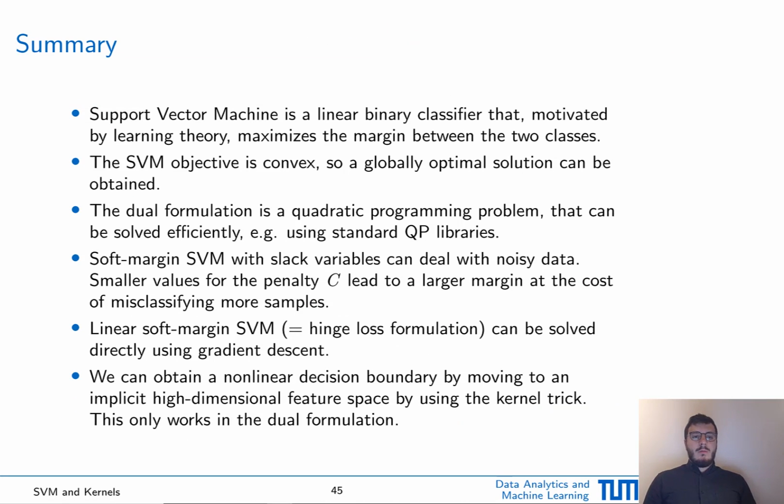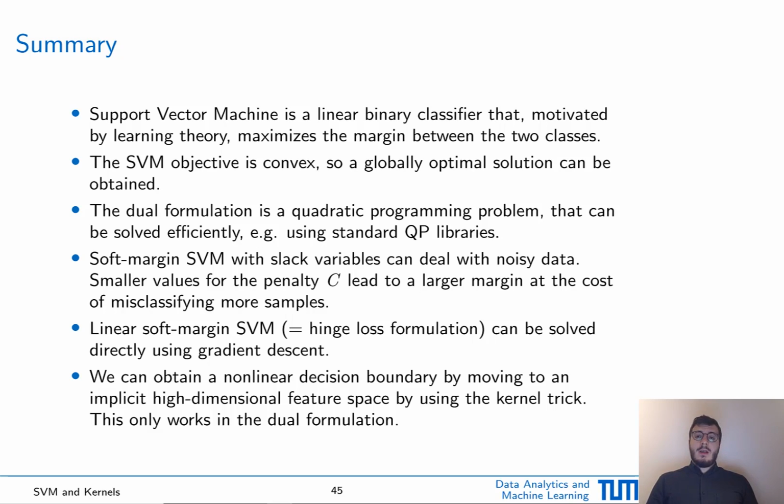Okay, so finally, let's summarize what we've talked about in these 3 videos so far on support vector machines and kernels. We saw that support vector machines are binary linear classifiers, where the whole idea is to find a separating hyperplane which has the maximum possible margin. It leads to the maximum possible gap between 2 classes. This motivation for using the maximum margin is rigorously motivated by statistical learning theory.